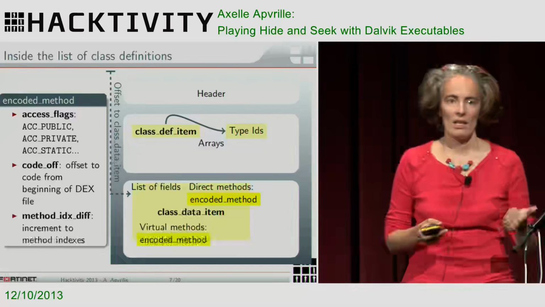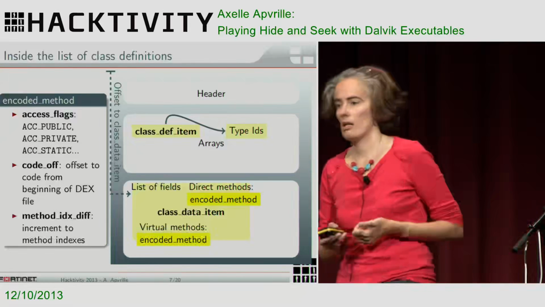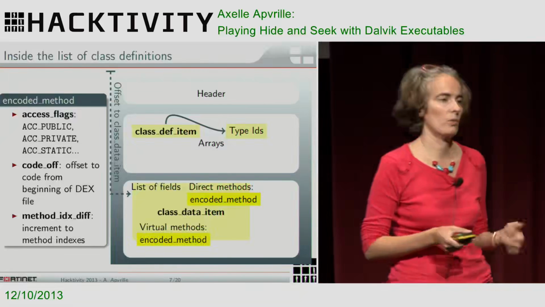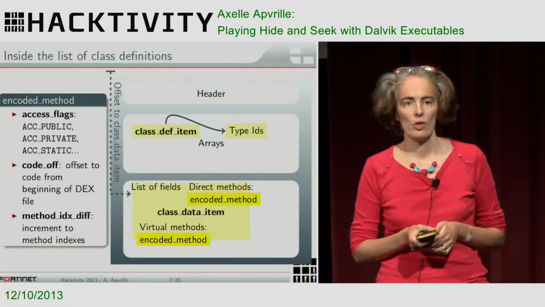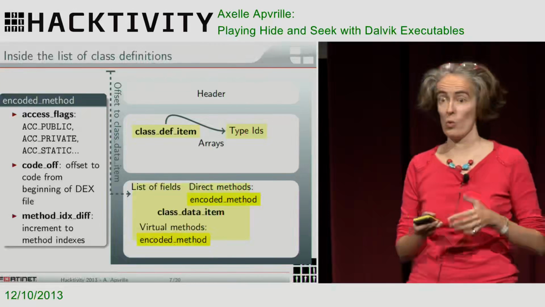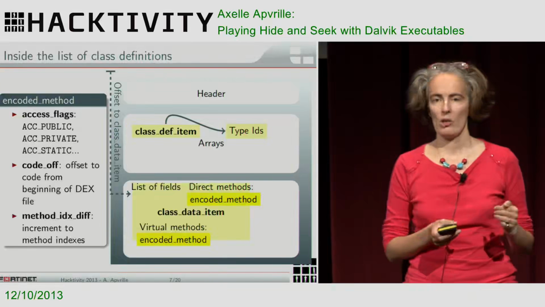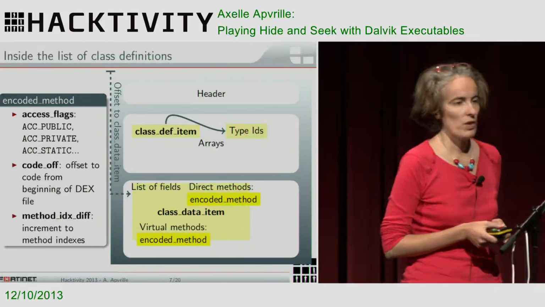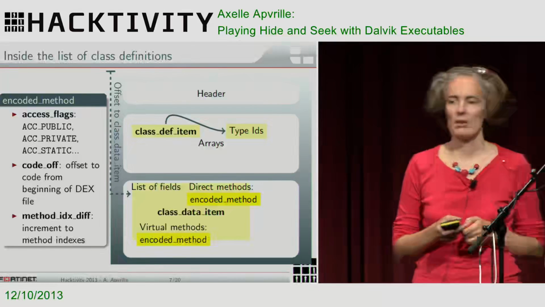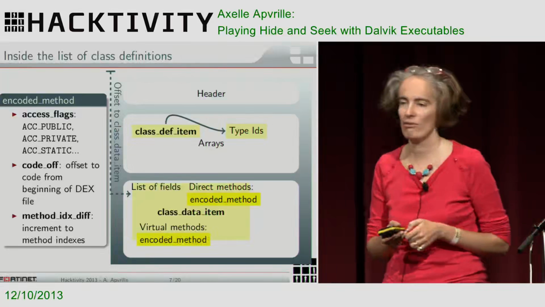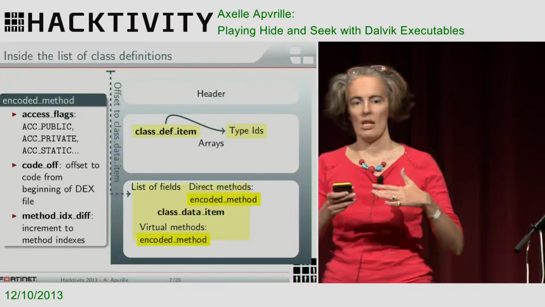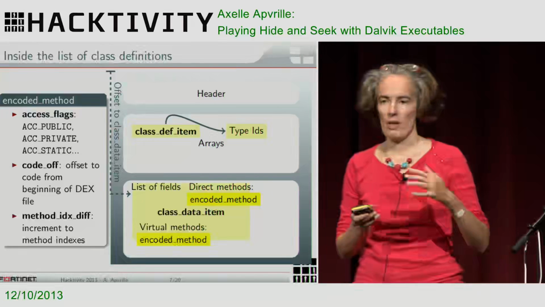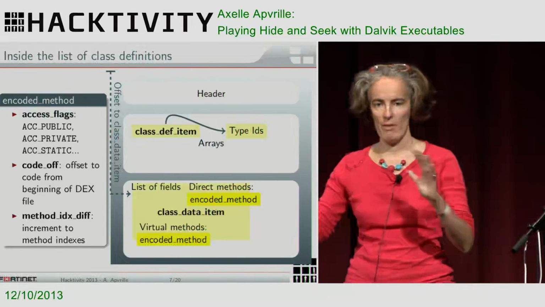You've got an access flag, that is, if the method is public, private, static, protected, whatever. You've got a code offset, which tells you where actually the bytecode is located in the file. And you've got a very specific field, which is called method_idx_diff, which is a difference in method identifiers. Let me explain. You've got a list of methods.